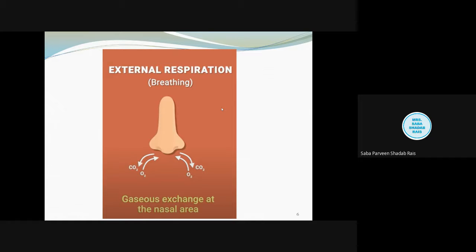Taking oxygen in is known as inhalation, or inspiration, and exhaling out the carbon dioxide is known as exhalation. So this inhalation of oxygen and exhalation of carbon dioxide is called external respiration.